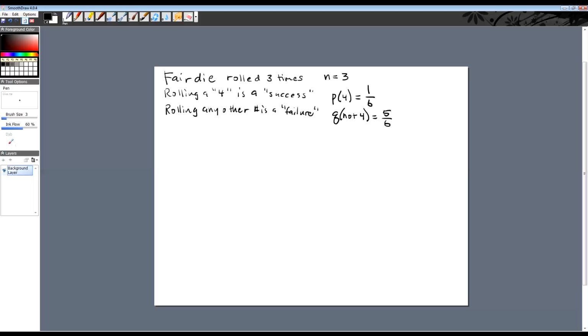Now, problem number 20 says, find the probability of each number of successes. So 0 successes means that x equals 0. We apply the binomial probability formula.